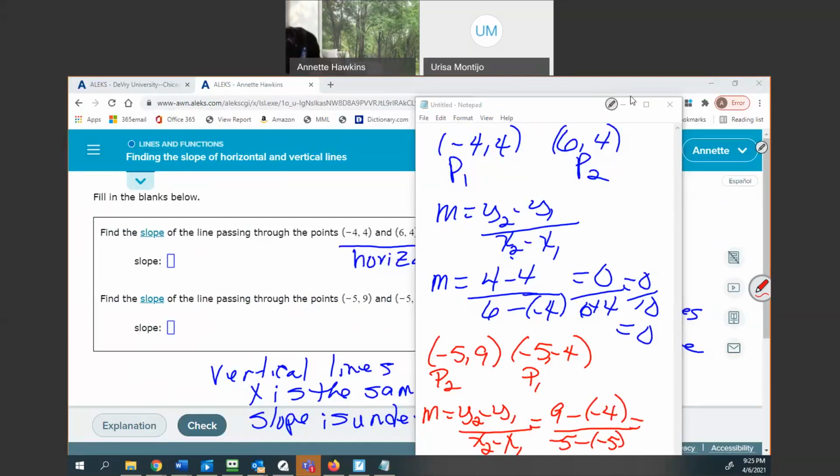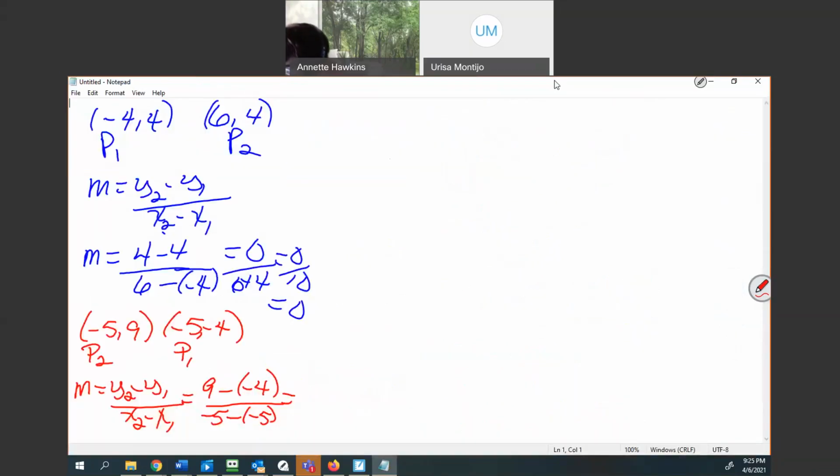So we get (9 plus 4) over (-5 plus 5), 13 over 0, which is undefined.